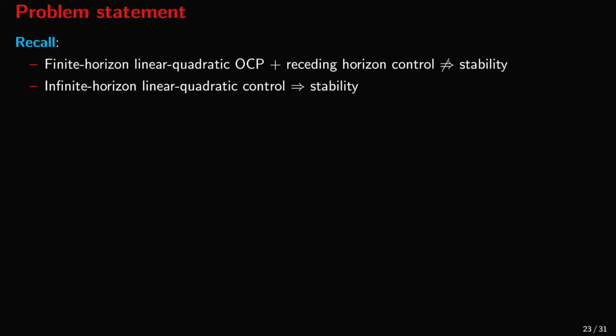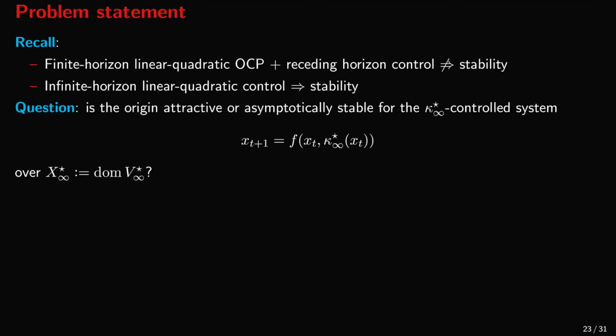However, the controller kappa infinity star that we obtain by solving an infinite horizon linear quadratic optimal control problem is a stabilizing controller for the associated linear system. The question is whether the origin is attractive or asymptotically stable for the kappa infinity star controlled system over the domain of v infinity star.